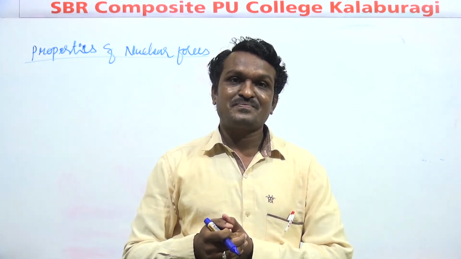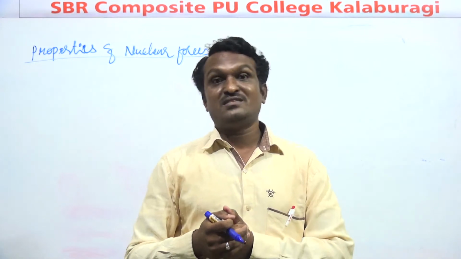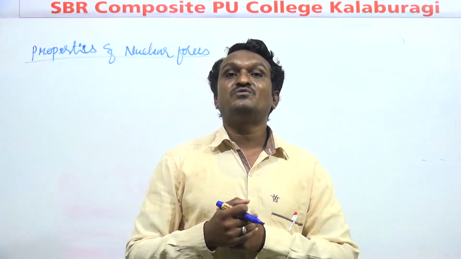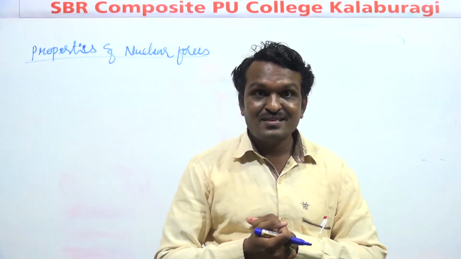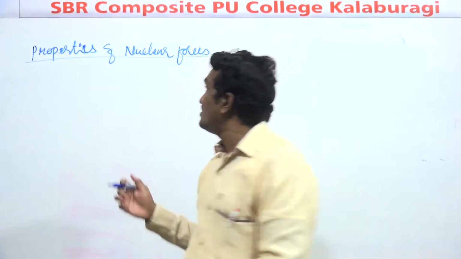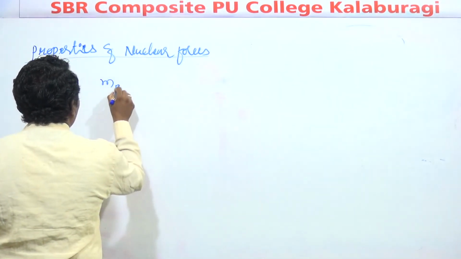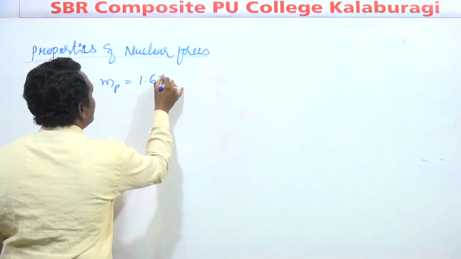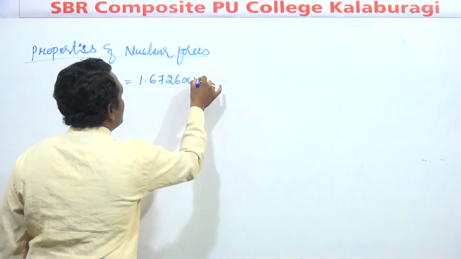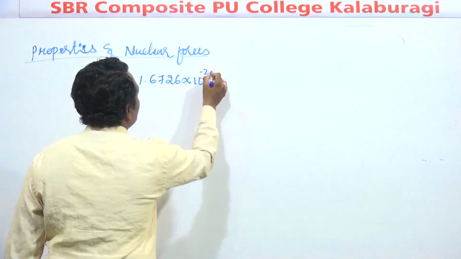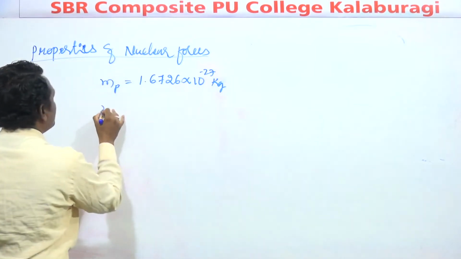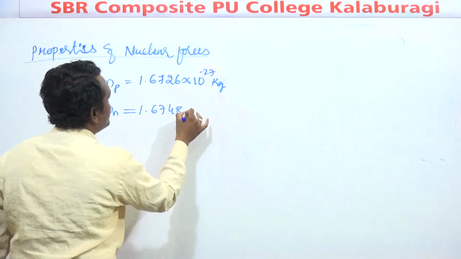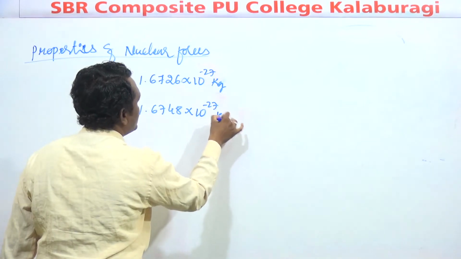They have some mass. In the previous class, I gave you the mass of a proton and the mass of a neutron. The mass of the proton, in the SI system, is 1.6726 into 10 to the power minus 27 kg, whereas the mass of the neutron is 1.6748 into 10 to the power minus 27 kg.